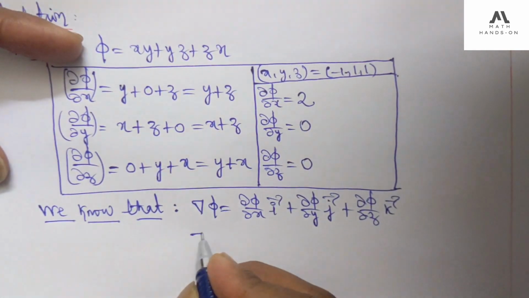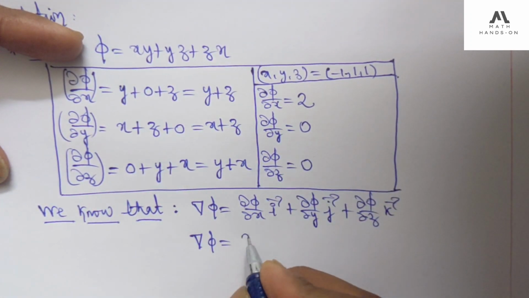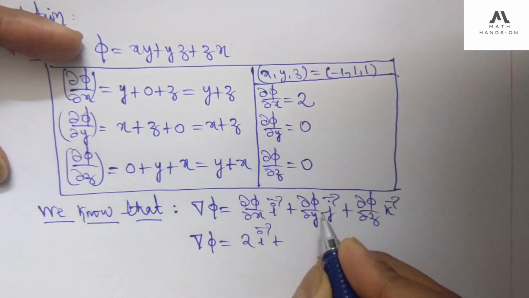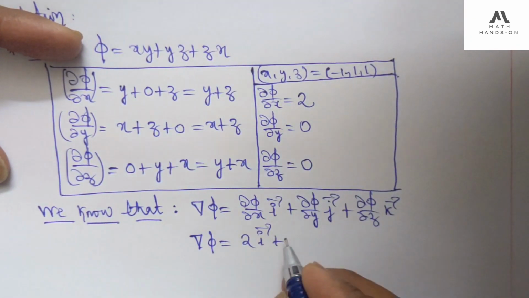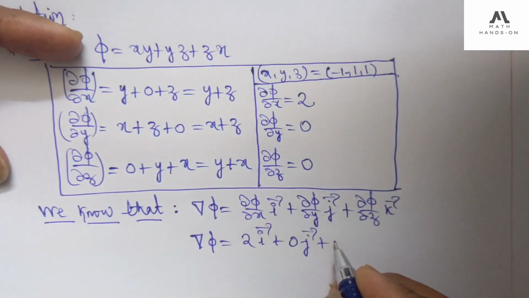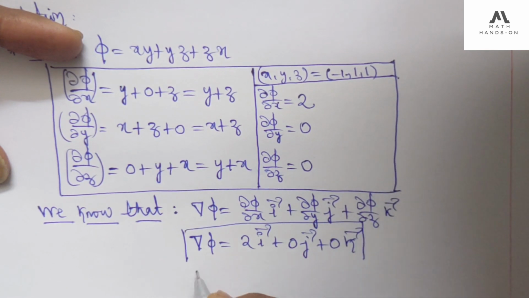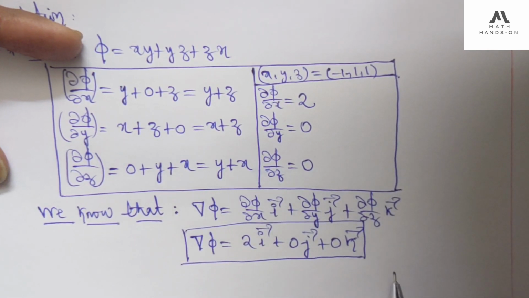Which implies del phi equal to 2 i vector plus 0 j vector plus 0 k vector. Now we have the vector of del phi.